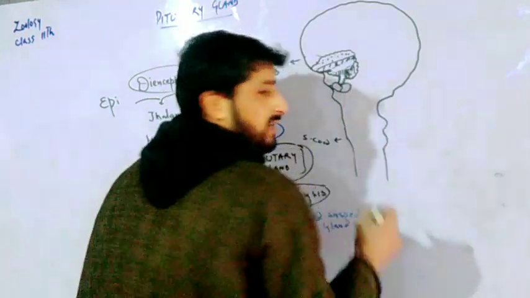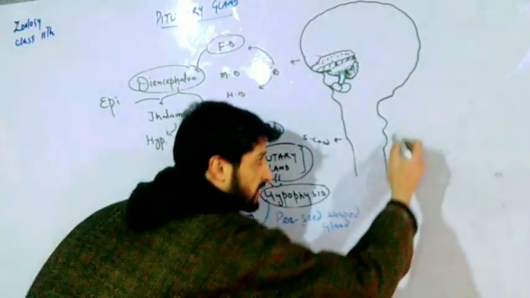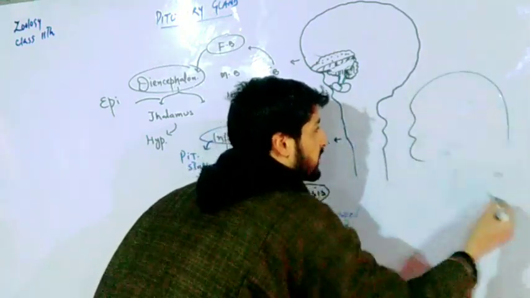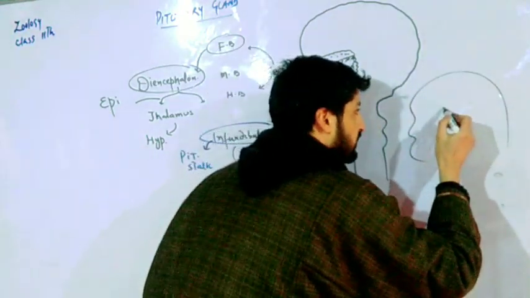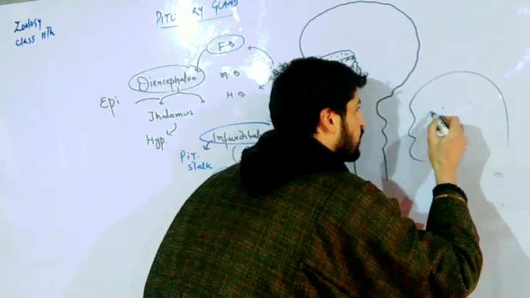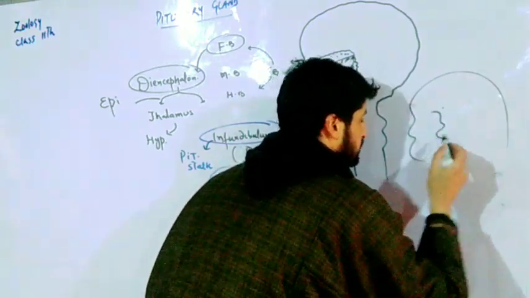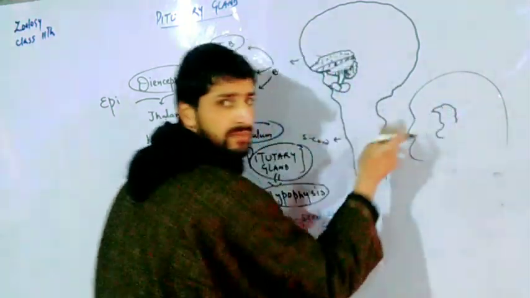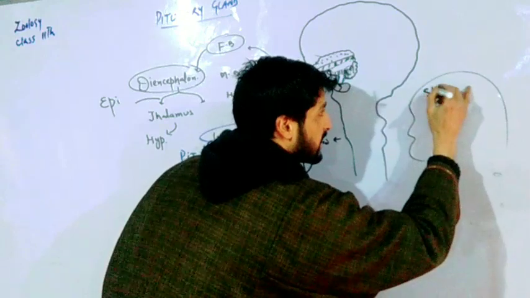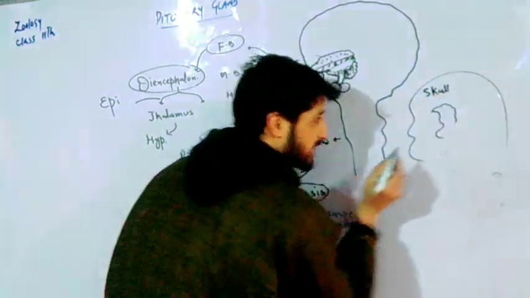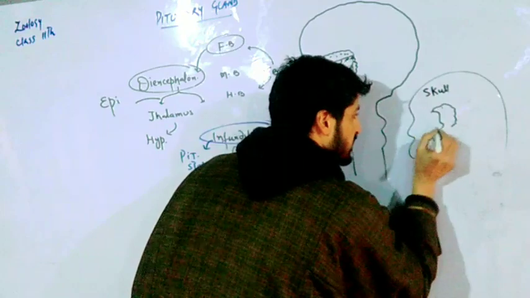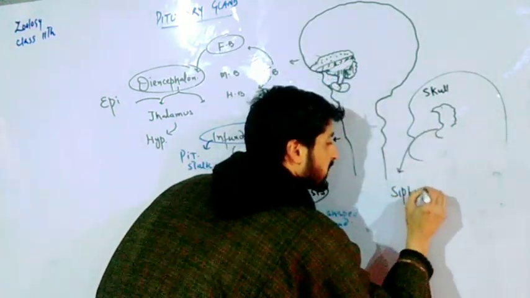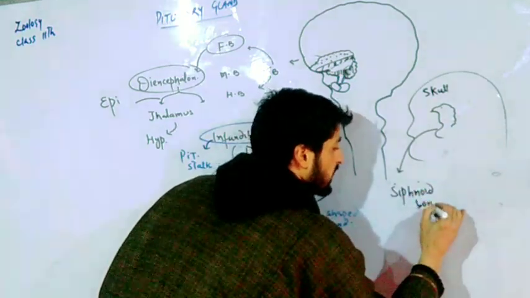Now, the original location of pituitary gland is a special bone in my skull. That bone is actually known as sphenoid bone.